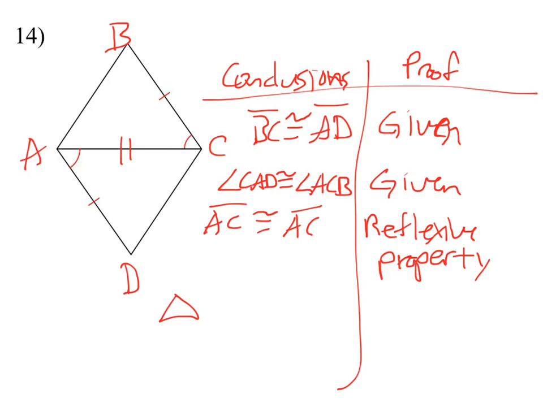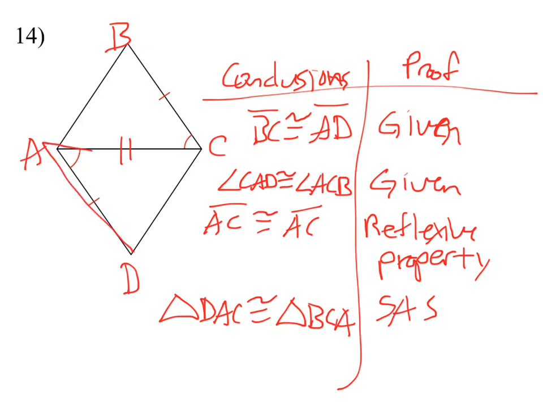We have side, angle, and then the side matching in the middle. So we have side, angle, side. And those two triangles match up. Triangle DAC is congruent to triangle BCA. So remember, those had to match up. DAC, BCA. The corresponding points had to match up.